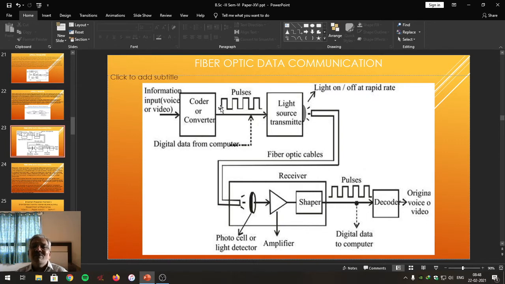Dear students, we have already studied the amplitude shift keying technique in the digital modulation. In amplitude shift keying technique, amplitude of the carrier wave is changed in accordance with the two voltage levels, depending upon whether the input signal is 0 or 1. If input signal is 1, carrier wave amplitude will be maximum.